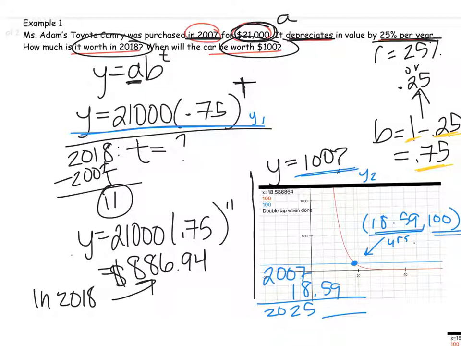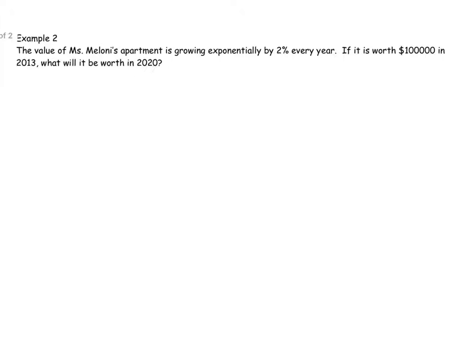So we'll do one more example, and then there's some practice for you guys on the back. In this example, Miss Maloney's apartment is growing exponentially. As soon as I see growing exponentially, I know that I'm going to be creating a growth factor instead of a decay factor. So B is going to have to be 1 plus my 2%.